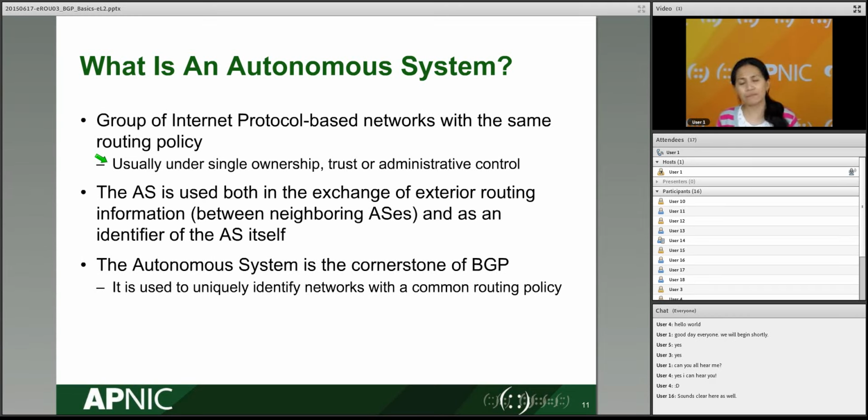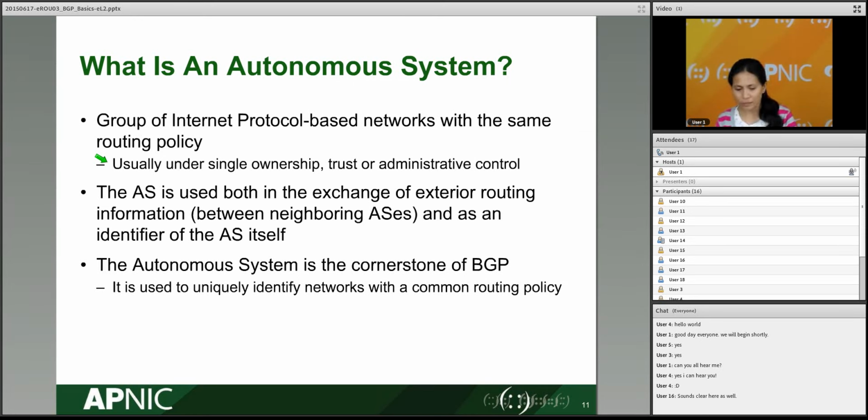If you look at RFC 1930, it gives the basic definition of an AS. Now, if you need an AS number, you can come to APNIC. You can get a 32-bit AS number. You can also get them from your upstream providers, but this is usually a non-portable ASN.